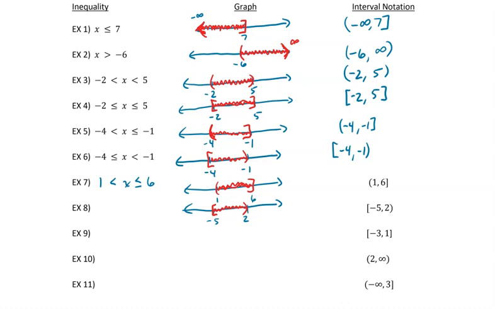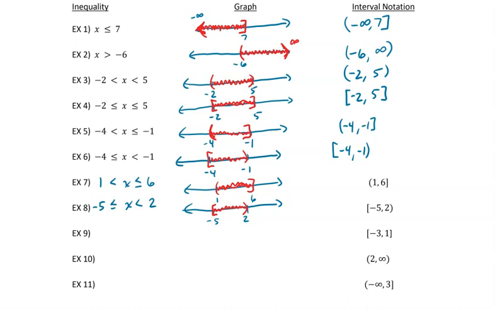So again, same as before, we have -5, x, and 2. All we gotta do is look at the brackets and parentheses to be able to tell what those symbols were in between them. So the -5 has a bracket. That means it was less than or equal to. The 2 had a parentheses, which means it was less than.